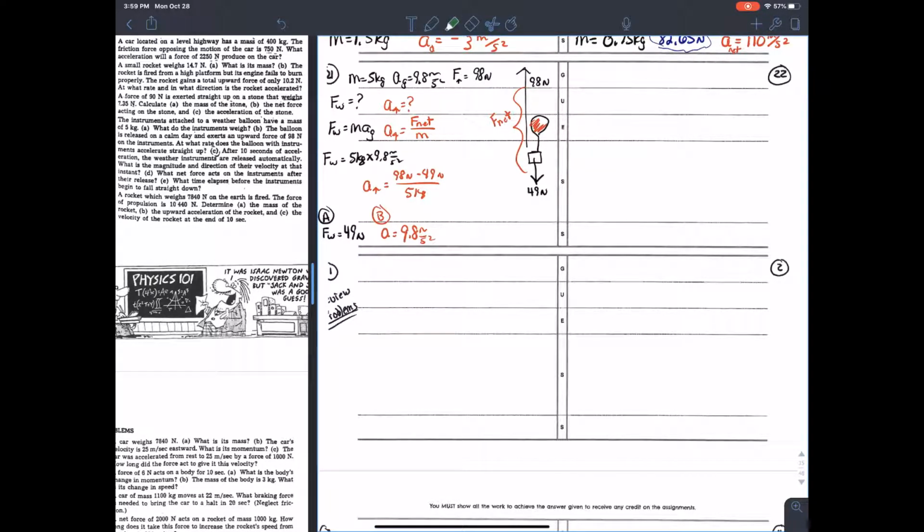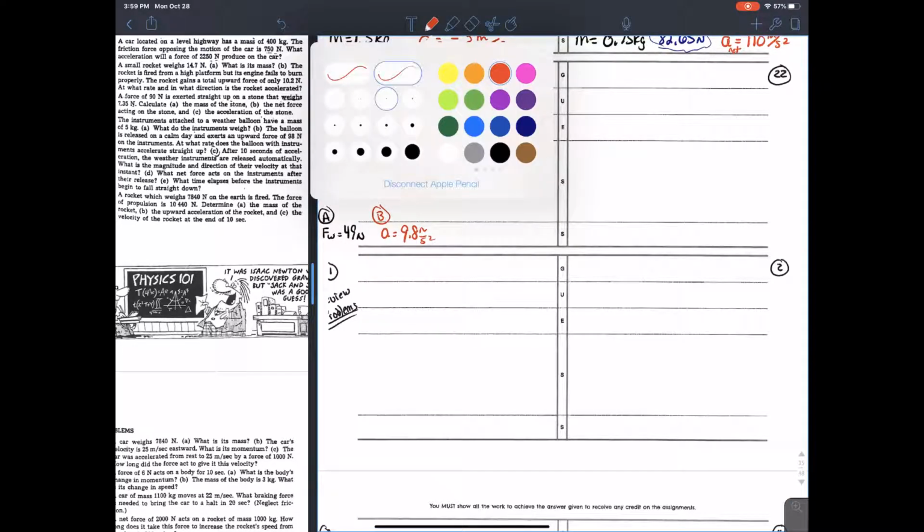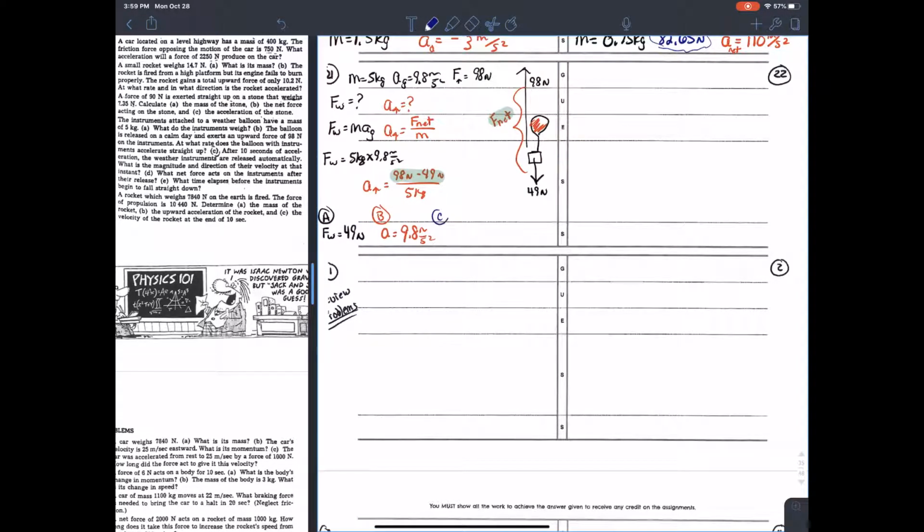Okay, so the net force here is the sum of those ups and downs. All right, keep that in mind. We'll go to our next part, part C. It says after 10 seconds of acceleration, the weather instruments are released. What is the magnitude and the direction of their velocity at that instant?